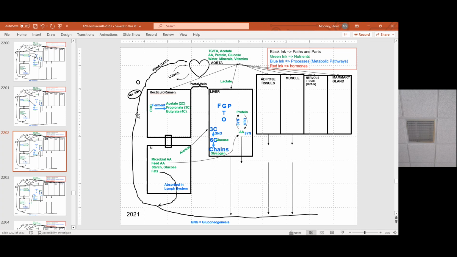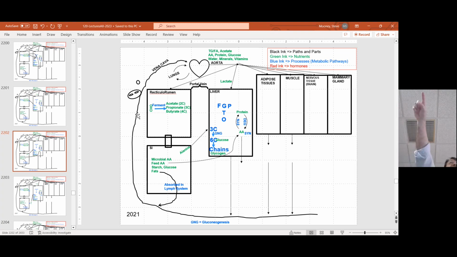Doesn't matter where the amino acids come from, we need them to get the job done. Alanine, if it's absorbed, can go and become glucose if we're in that desperate need of glucose. So that's one of the 20 amino acids that would be absorbed from the gut. That one in particular could go to gluconeogenesis if we needed it to.